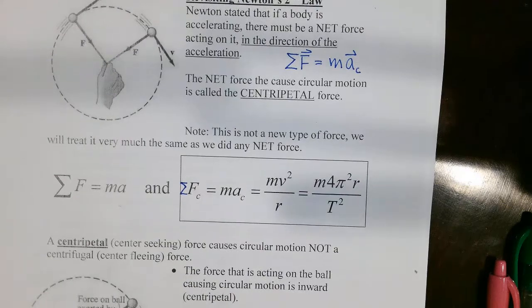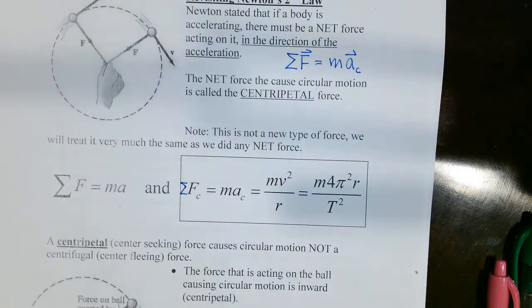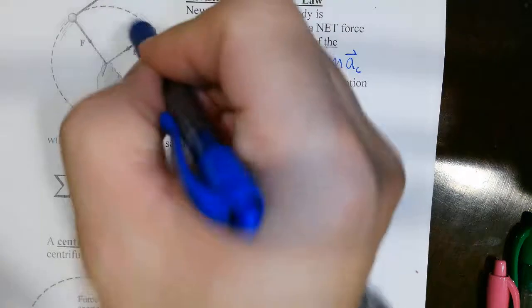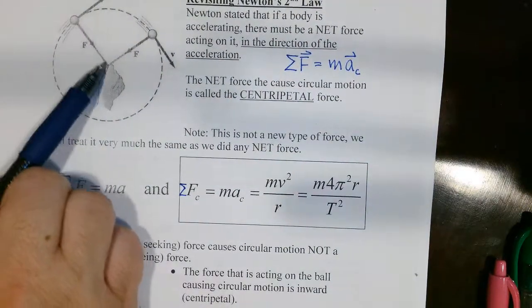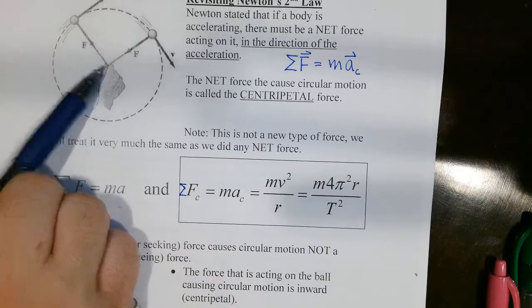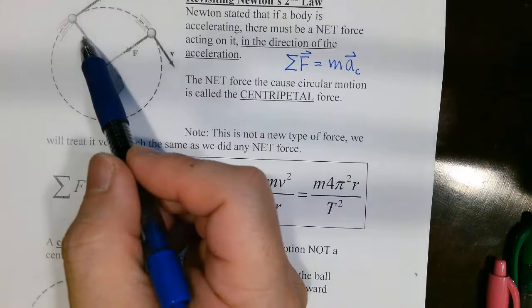So the center-seeking force has to be what's causing that object to go around in a circle. And that center-seeking force is the tension towards the center of the circle. Okay? It doesn't always have to be just one force.